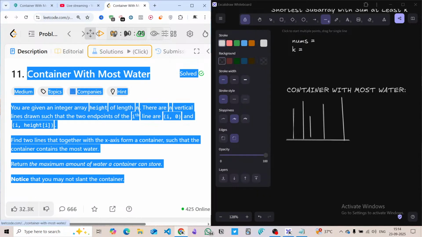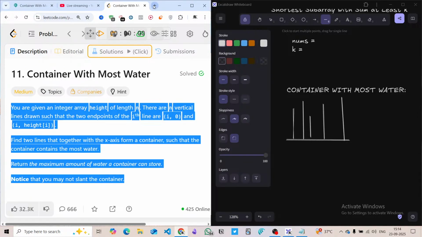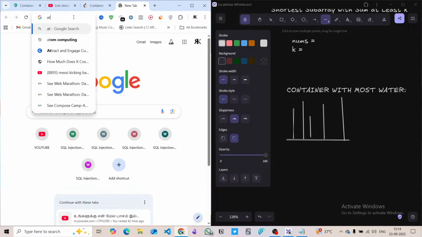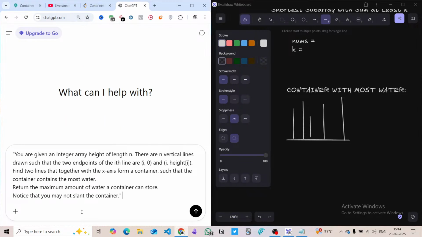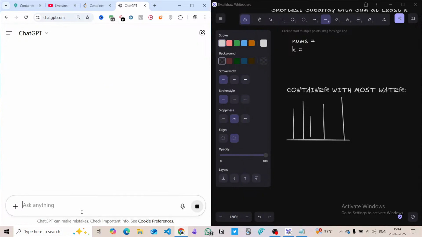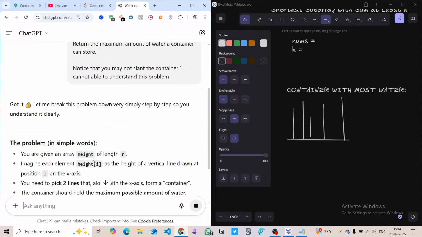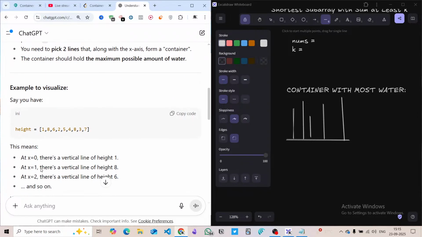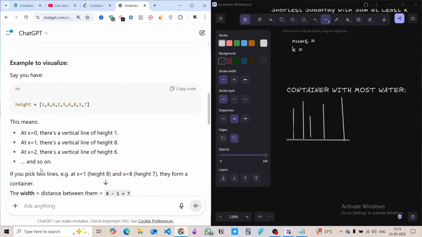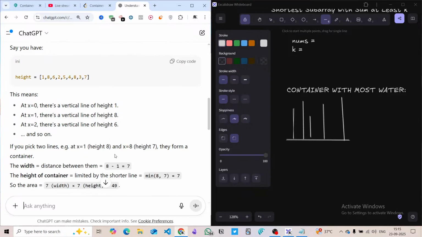Just we try to ask GPT to understand the problem. So the values are kind of like this one.